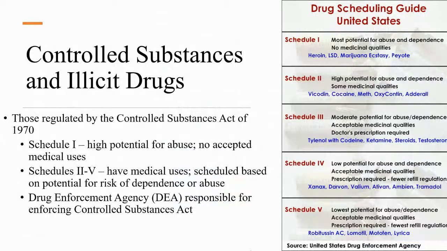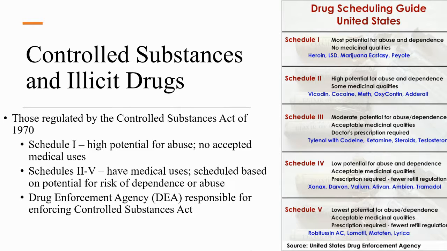So what the government has done is they place drugs on a schedule based on how addictive they feel they are, how dangerous they feel they are, and what the medical qualities are. Schedule 1 would be the most dangerous drugs, and they have no medical qualities. And then all the way up to Schedule 5, which has the lowest rate of abuse, there are accepted medical qualities, and a prescription is required.